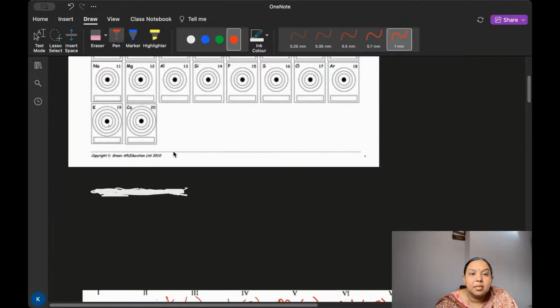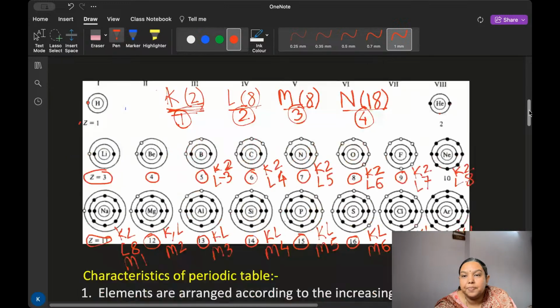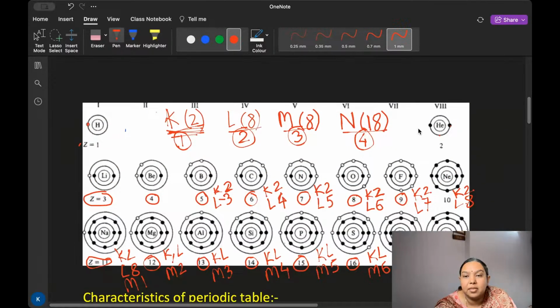All the 3 shells, K, L and M, are filled, and in N shell we will have 1 electron here. In calcium also, K, L, M are completely filled, and in the N shell we will have 2 electrons. So I hope this is clear to you, how we have to fill in all these electrons in these elements.